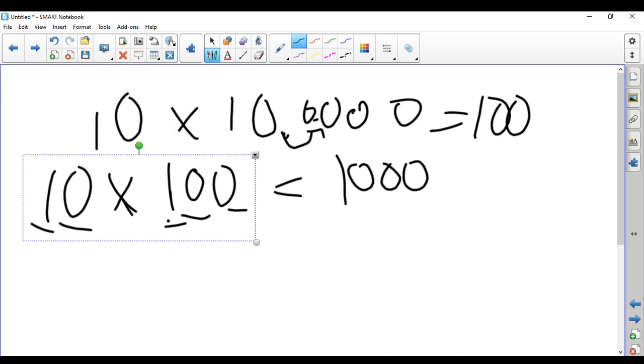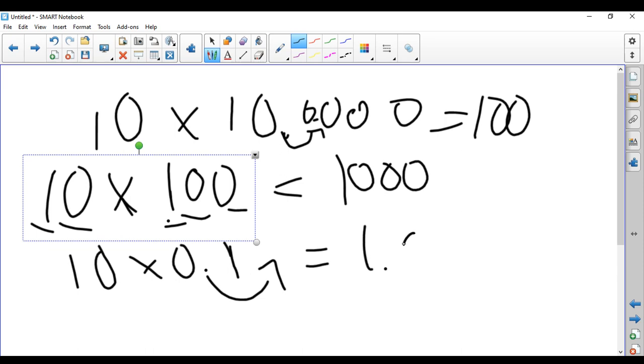So now, for question 1 and question 2, we are talking about moving the decimal when we already have a decimal value. The first one says 10 times 1/10. Well, I'm going to move the decimal to the right. This is a bit of review. So 10 times 1/10 equals 1 whole.